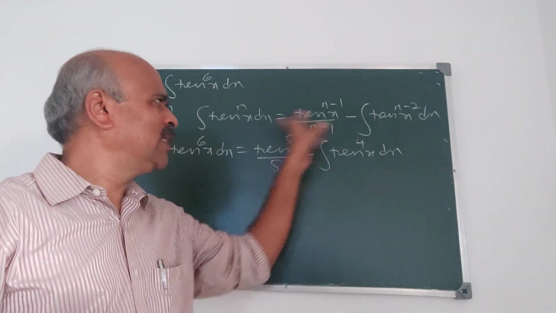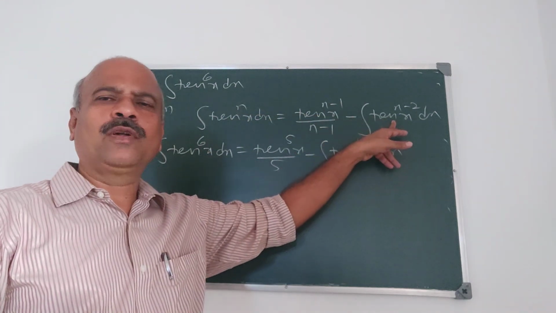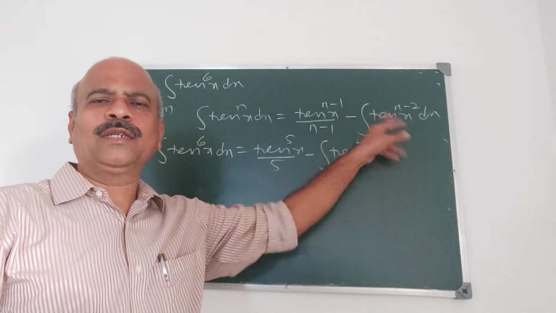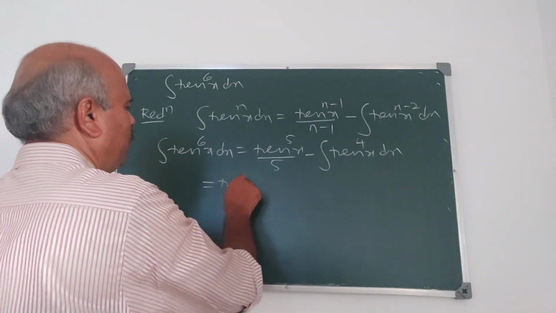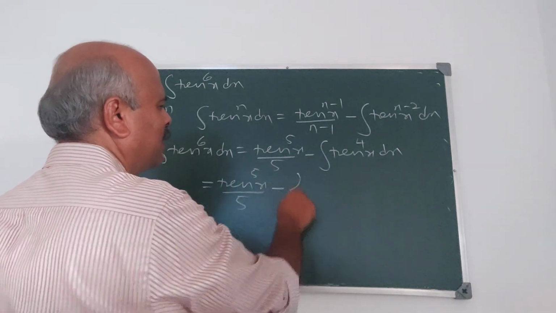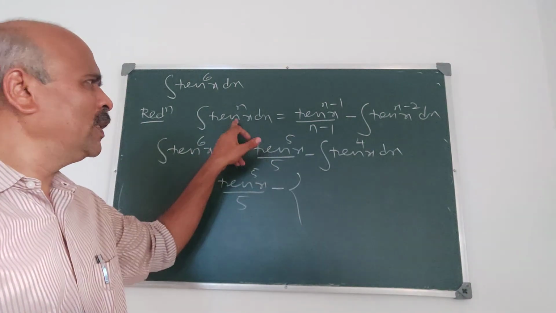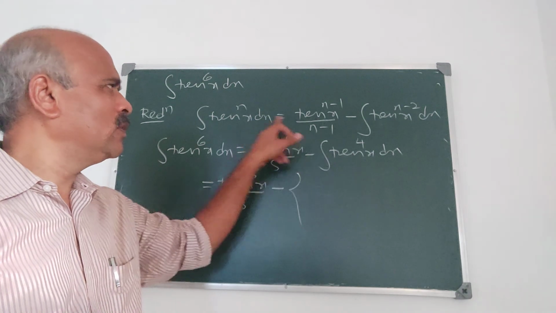This formula you can easily remember: tan x raised to n is connected with tan x raised to n minus 2. Now tan x raised to 5 upon 5 minus, apply the reduction formula here. What is n here? You have to substitute n is equal to 4.